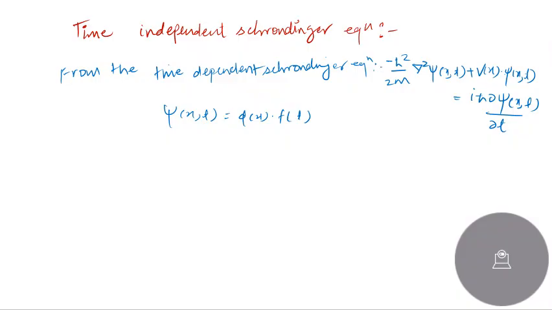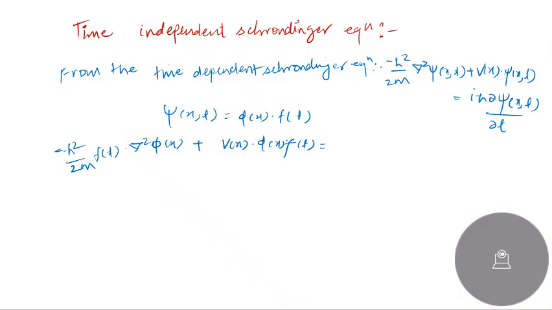So what will be the next step? Minus h cut square over 2m, f of t, del square phi of x, plus V(x) phi(x) into function of t equal to, here the partial differentiation with respect to t.